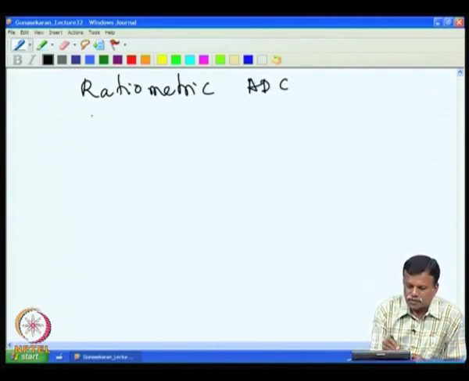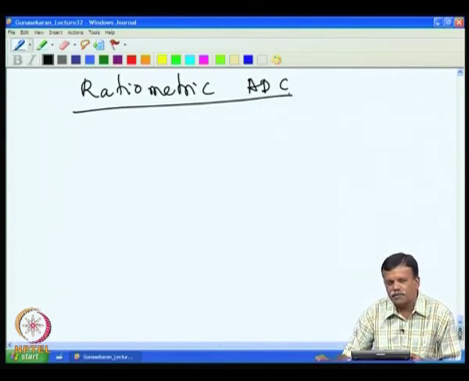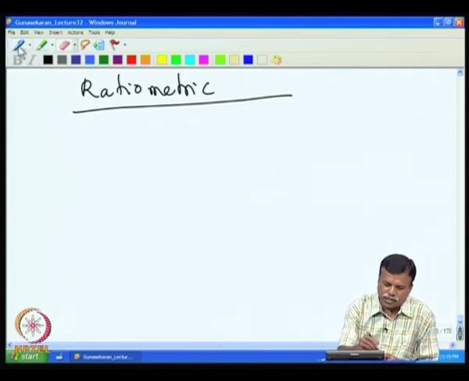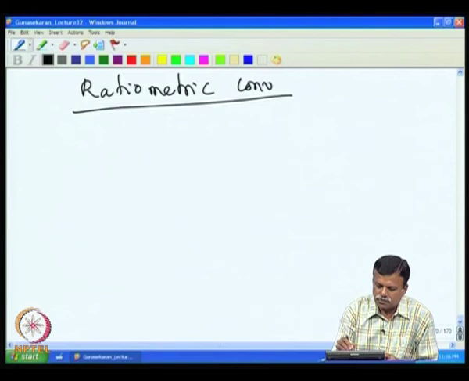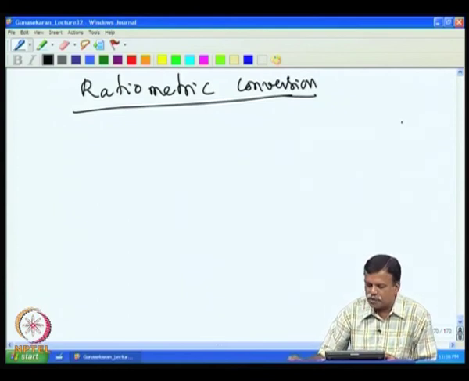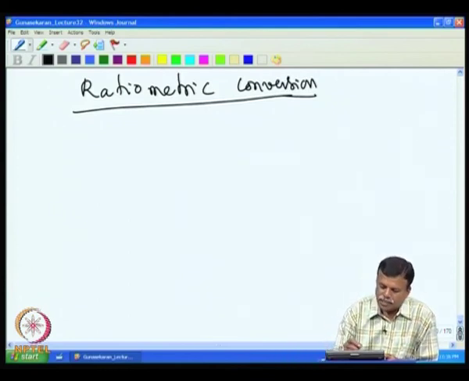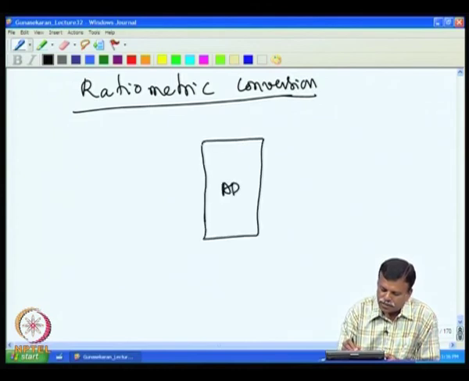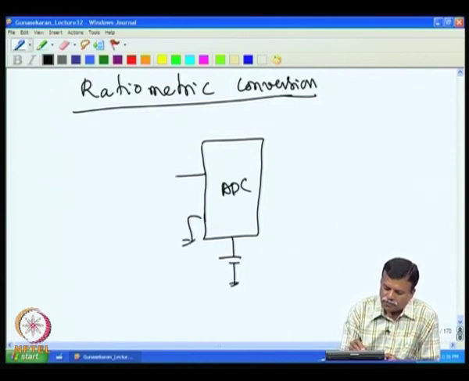Ratiometric A2D conversion. Actually, there is no separate ratiometric A2D converter. I will not call this a ratiometric ADC, I call it ratiometric conversion. This is only how to utilize the converter. So, let us take for example an A2D converter, we have an ADC, then we have a reference voltage and then we have a V input.